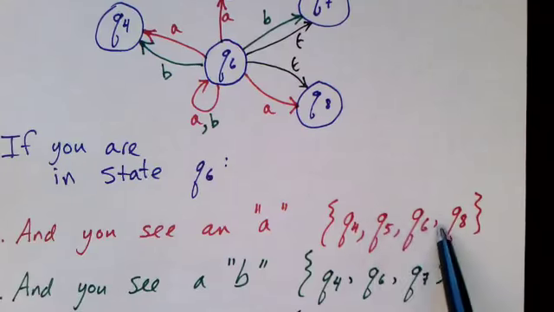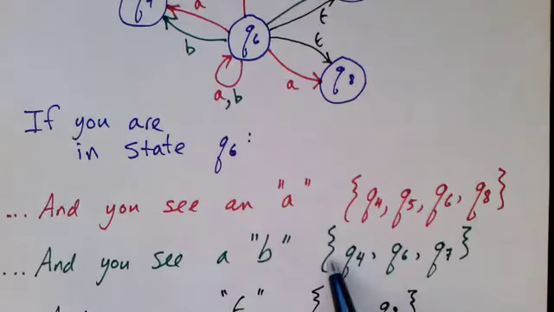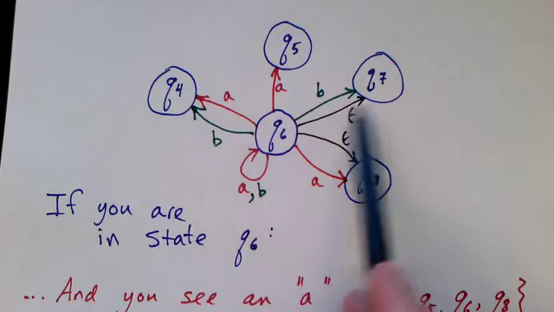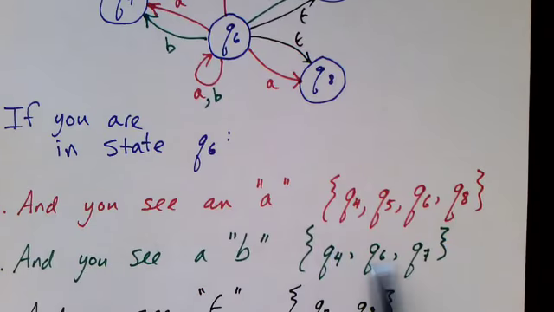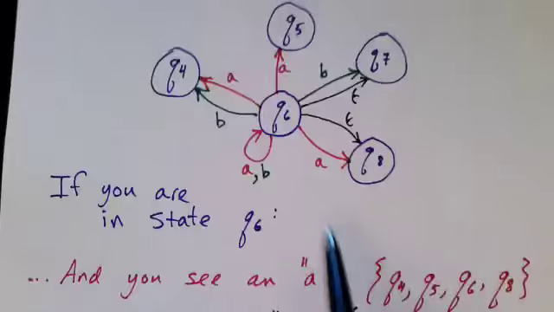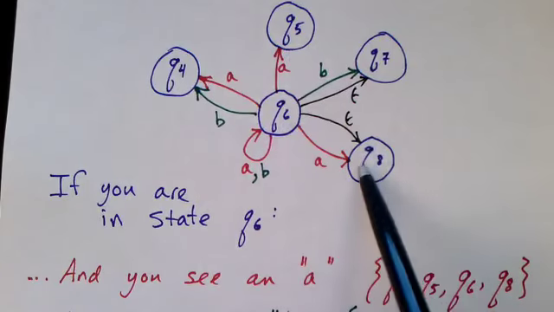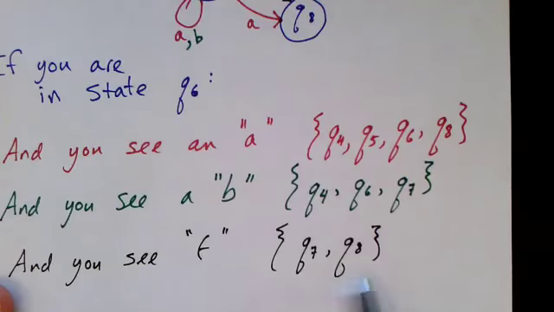So that's the set of places we can go. If we see a B, well, we could go to 4, 7, or 6. And finally, if we see an epsilon, we have epsilon edges, and we're in state Q6, we could either be in 7 or 8.